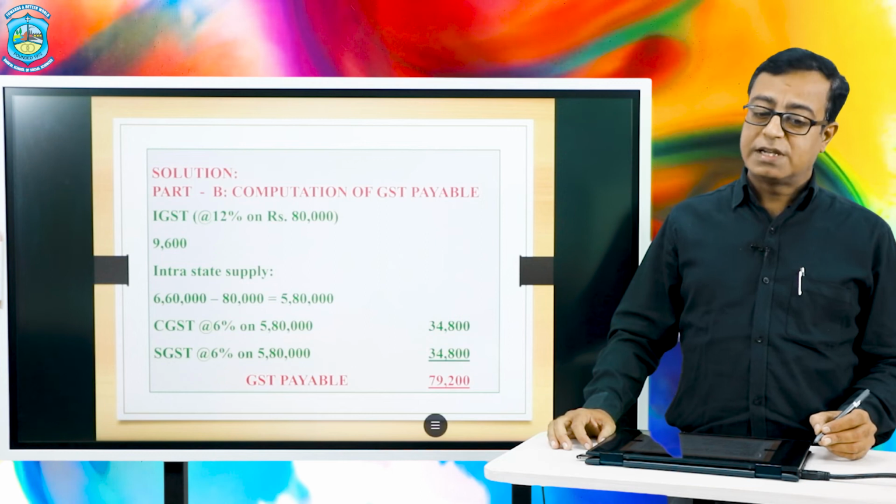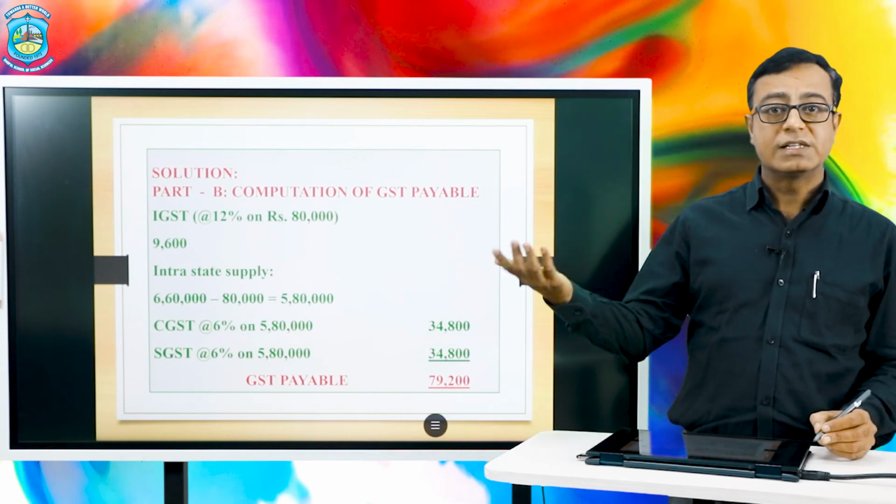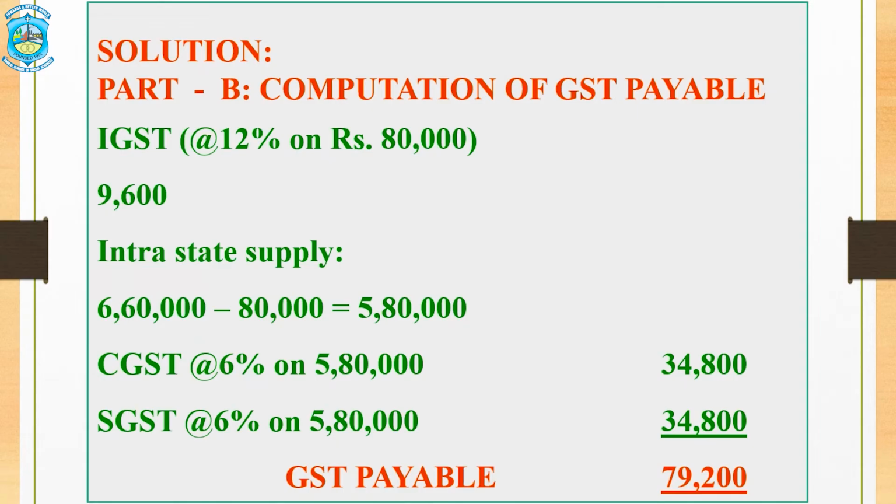Out of this 6,60,000, we have to calculate 12% tax on 80,000 separately, that is IGST. So this comes out to rupees 9,600. It is IGST on 80,000 rupees interstate sale. Now come to the remaining sale.